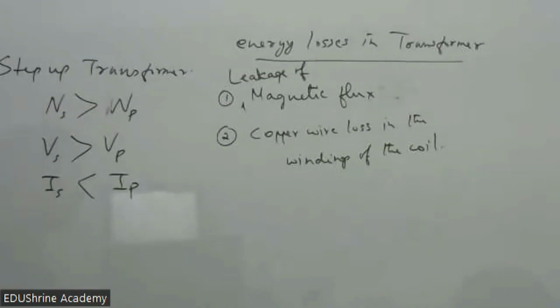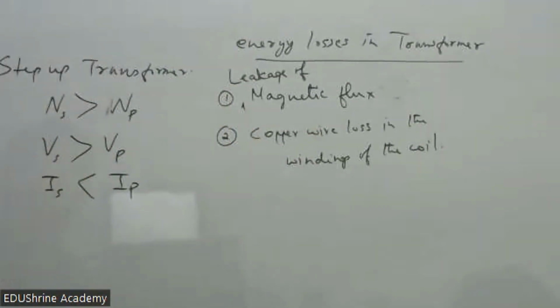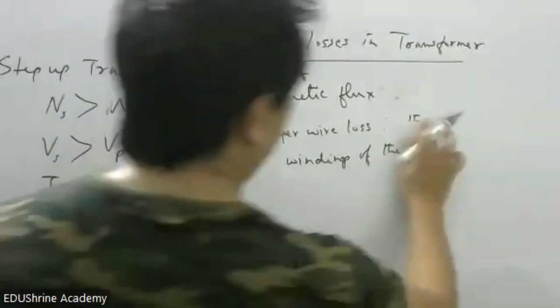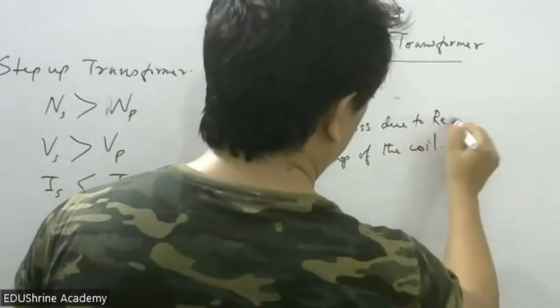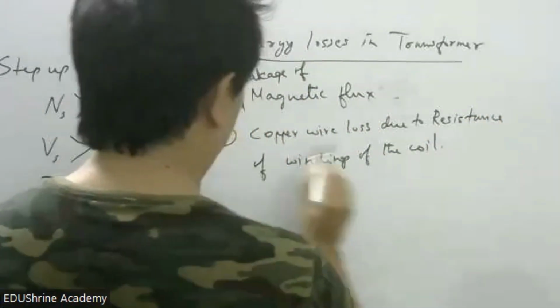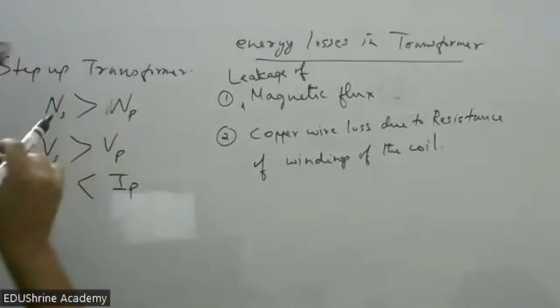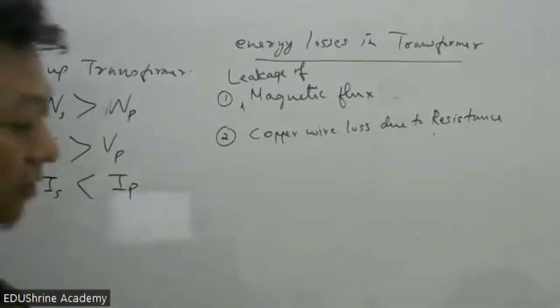Whether it's primary or secondary, there will be some resistance. So I square R loss. Copper wire loss due to resistance of the coil.